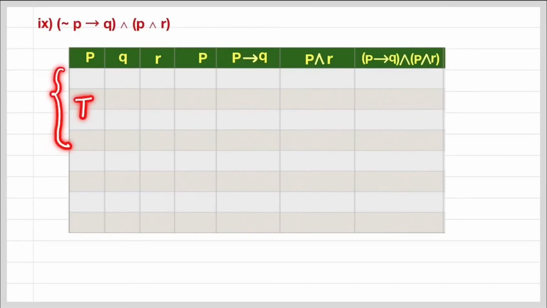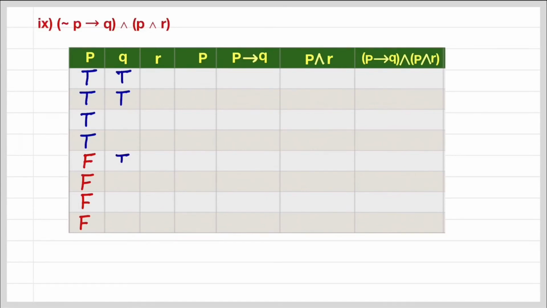For P, we have to take the first 4 values true and the last 4 values false. Make it half for Q, 2T, 2F. Repeat it once again. For R, we will make it half again, 1T, 1F.